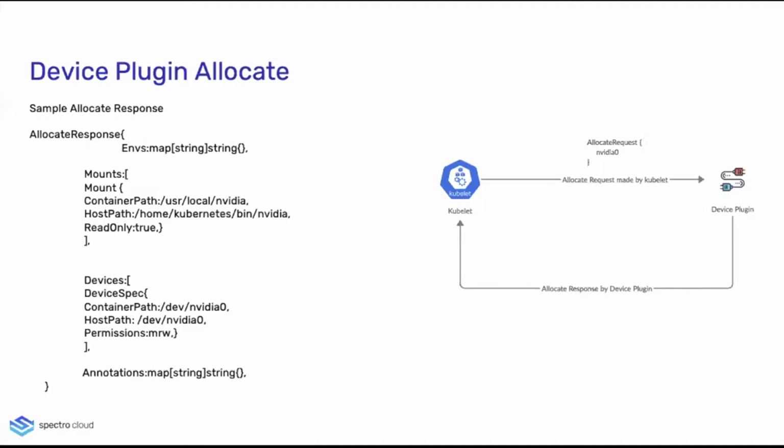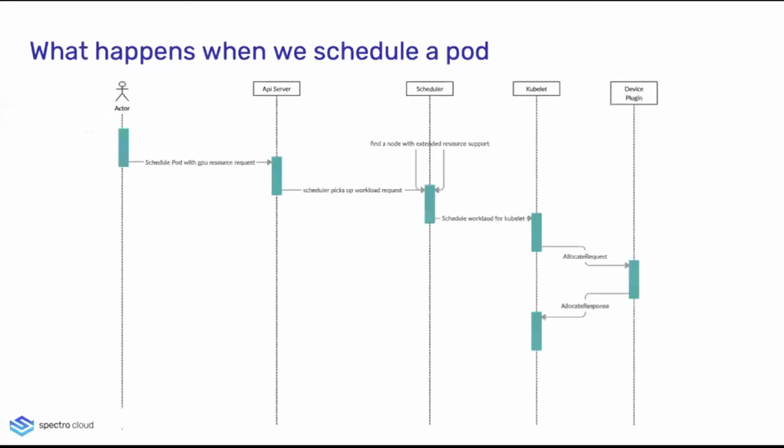Now let's take a look at an end-to-end scenario. What happens when a request for a given extended resource arrives? A user creates a workload requesting a given extended resource, that is, NVIDIA GPU in our case. Then the scheduler picks up this request.